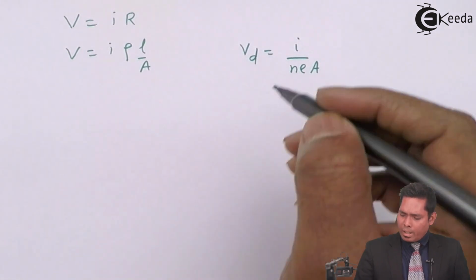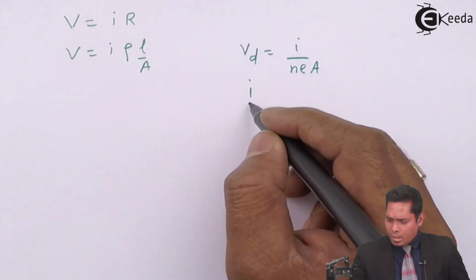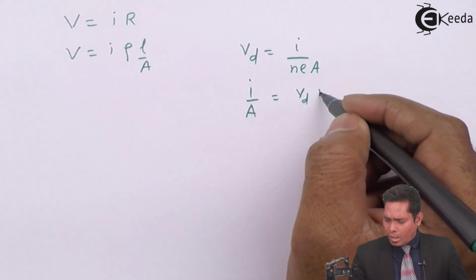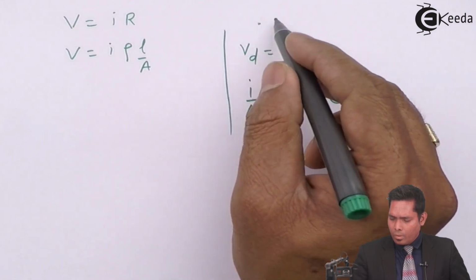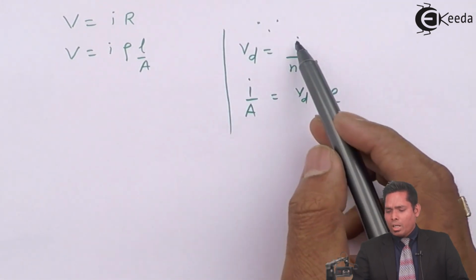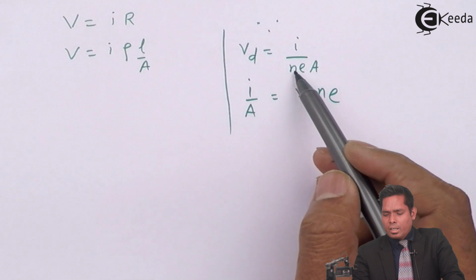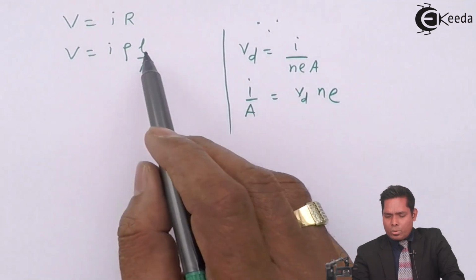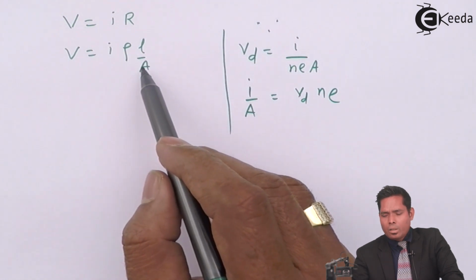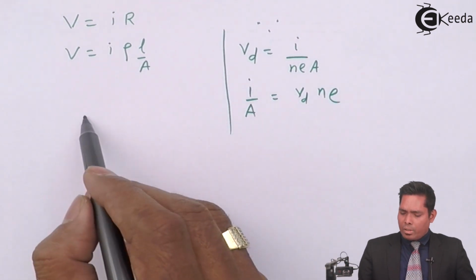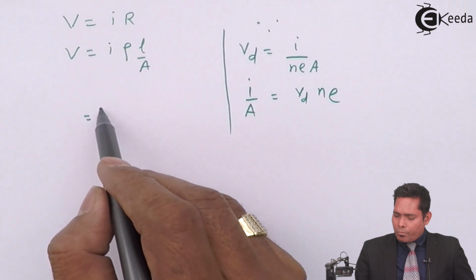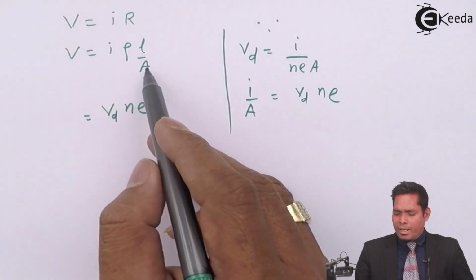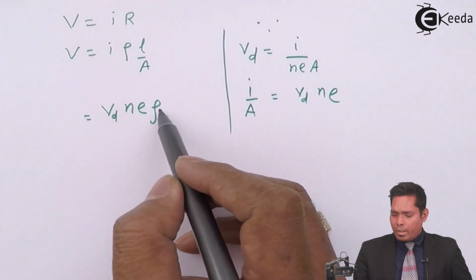So I can write I by A as Vd times Ne. Because I over A, I will substitute here by this value. So I'll have the equation V equals Vd N e in place of I by A, and rho and L.